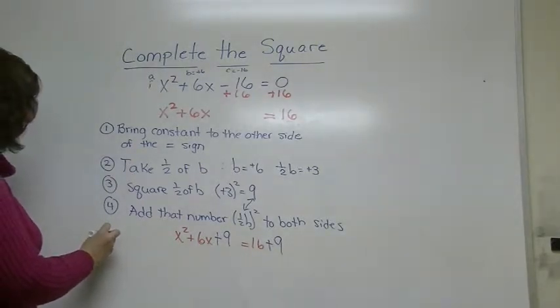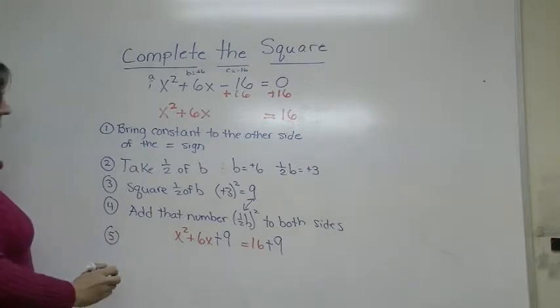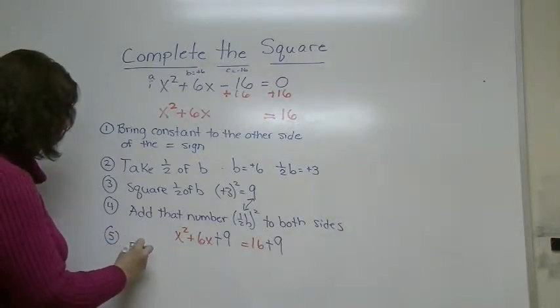Step 5 is now to factor the left side and simplify the right side.